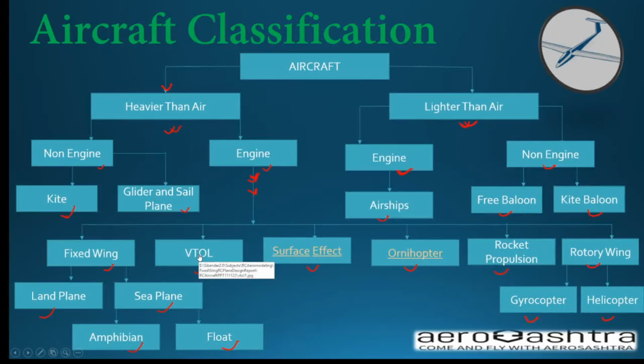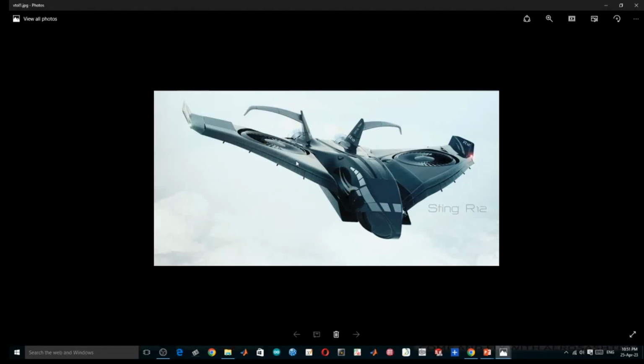Okay, another is VTOL, vertical takeoff and landing kind of aircraft. Here this is one concept plane. Two propellers are there, which basically lift the aircraft, making it float in the vertical direction.